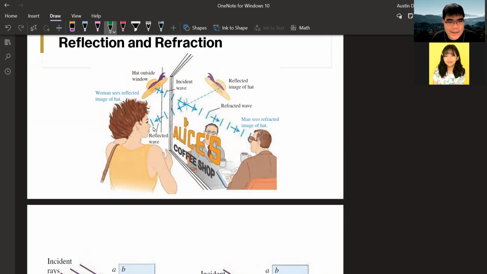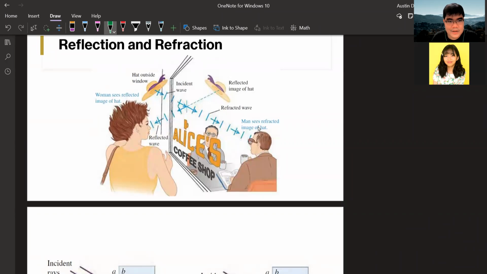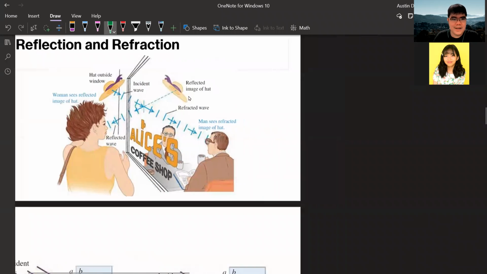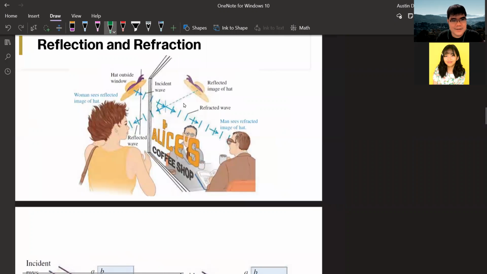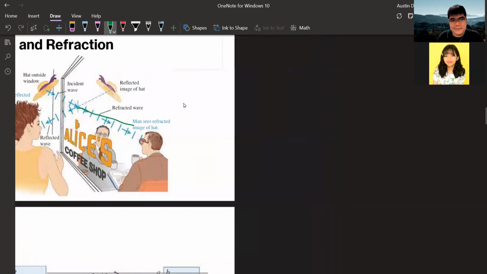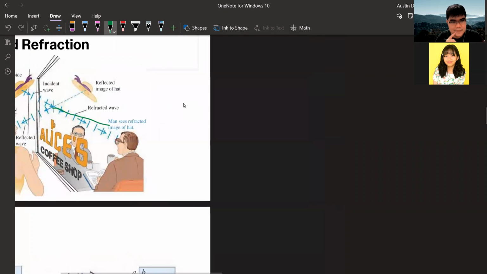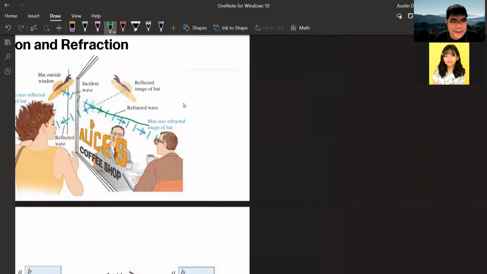Okay? And then, si kuya mo dito, makikita niya yung refracted image of the hat. Okay, weird nga dito, dapat medyo nakatagilid to noon. Ay, tama lang pala.